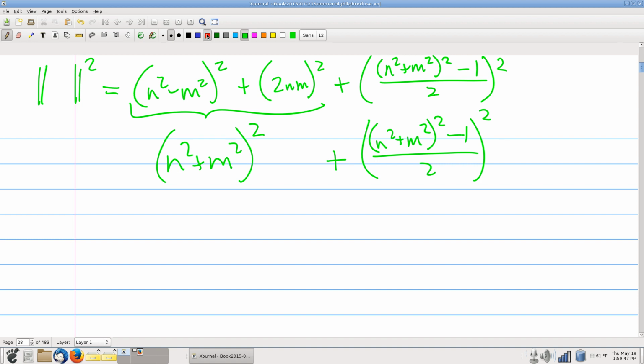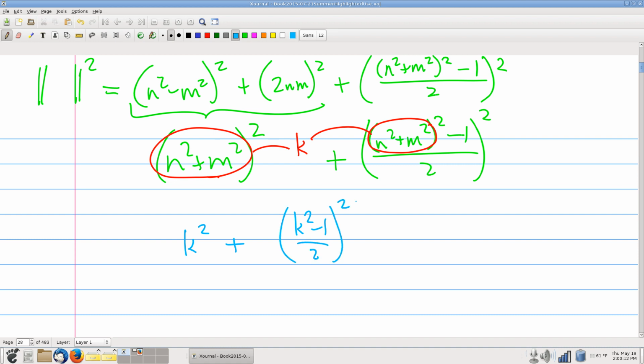I'm going to take this thing here, and just for momentary convenience, give it a name, and let's call it K. So I have then K squared plus K squared minus 1 over 2 quantity squared. Now that already looks easier.